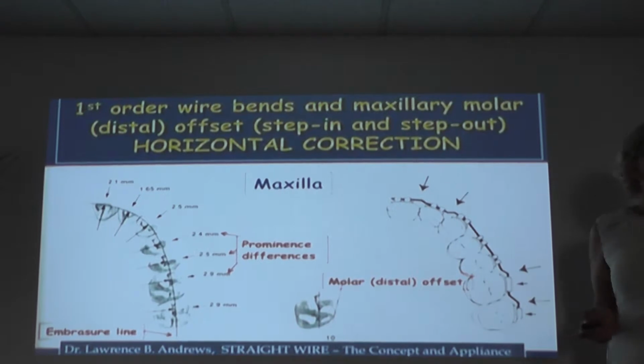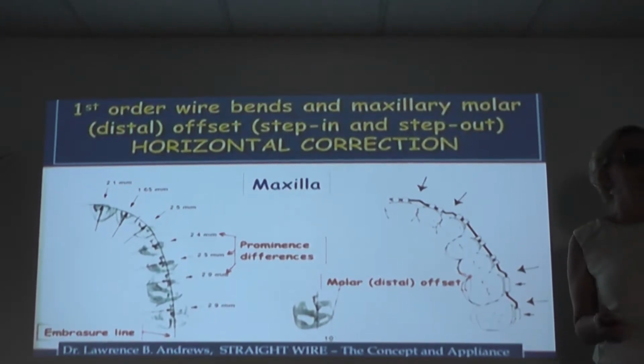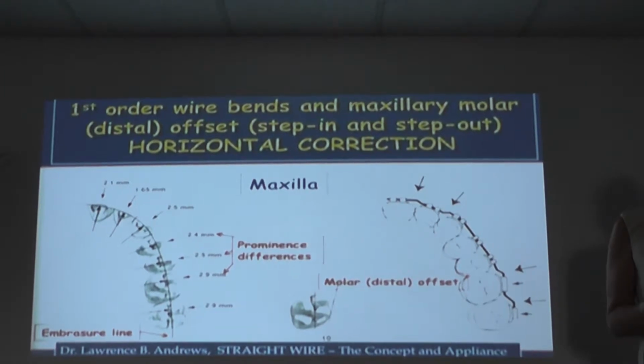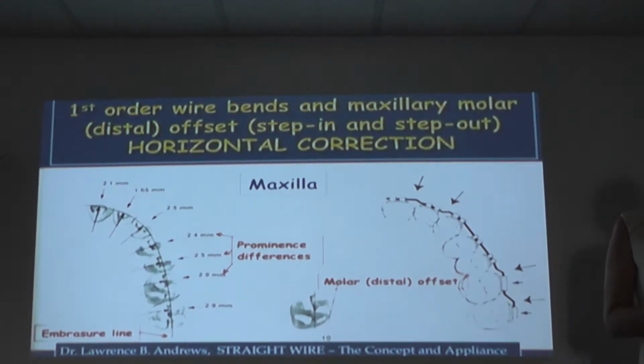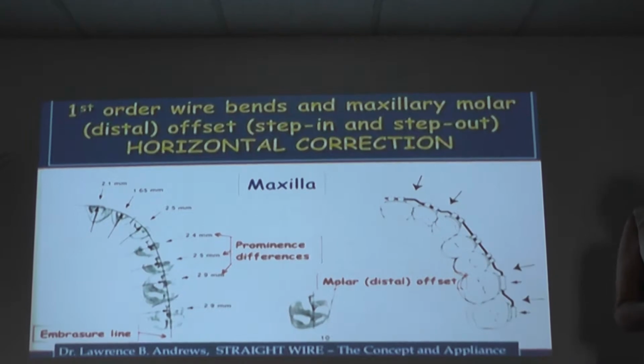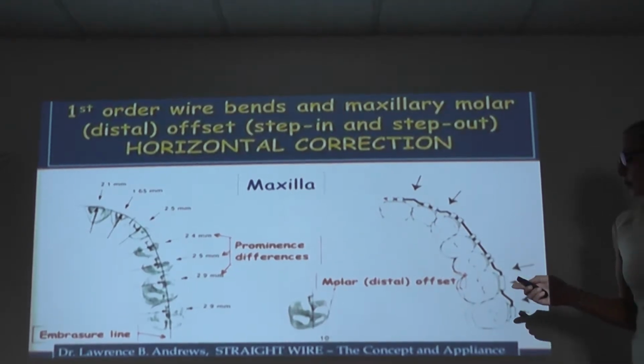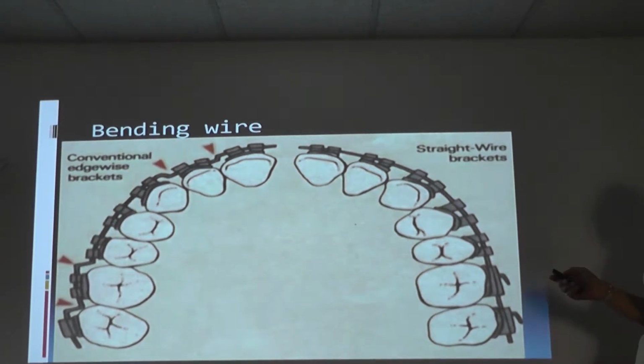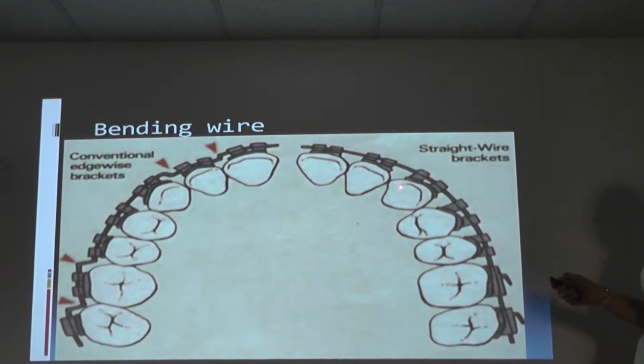And you ask me now, probably your question is, why are we doing this? Why are we doing this, the bending wire? Because it was before Dr. Andrews developed straight wire appliance.